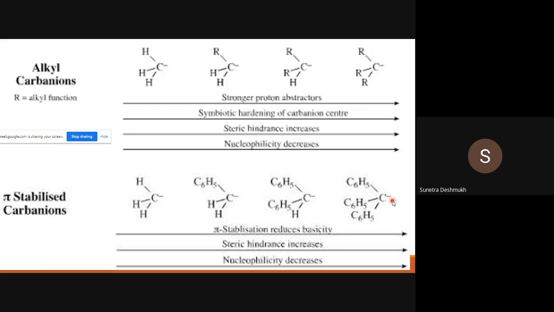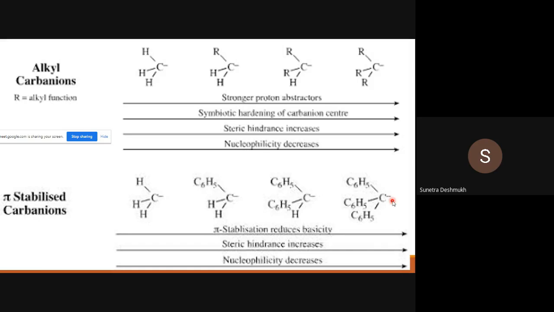Very simple thing. When NaOH abstracts a proton, it acts as a strong base because the negative charge is present on OH minus, localized on the OH group. So it can abstract a proton very easily.